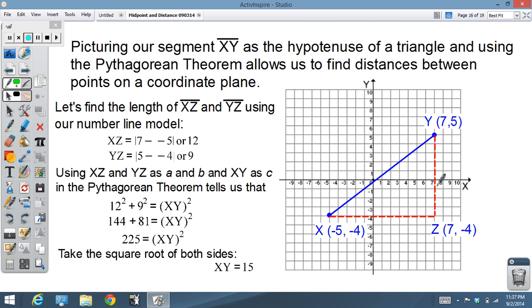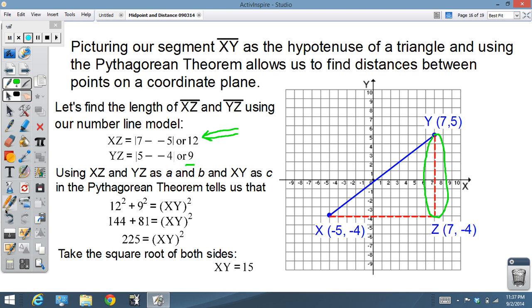So I've roughed in red the rest of the triangle.